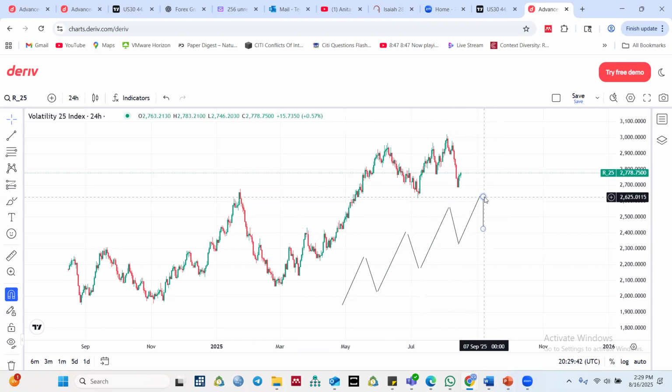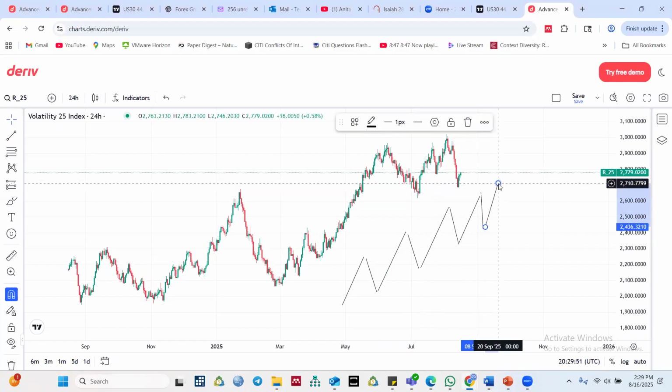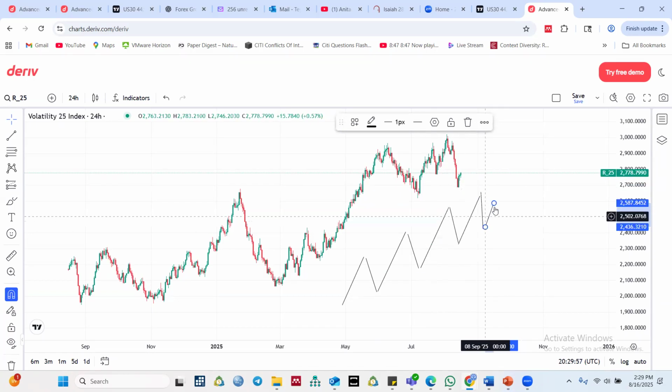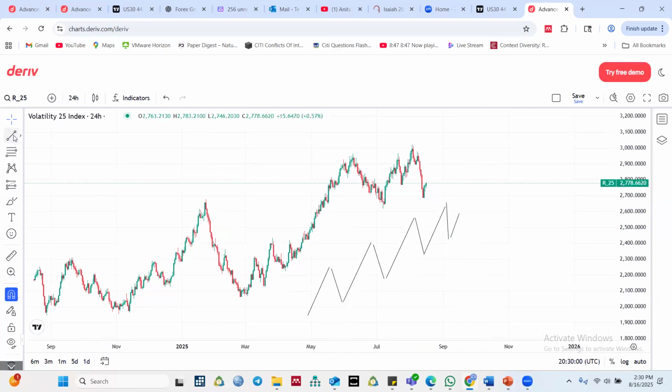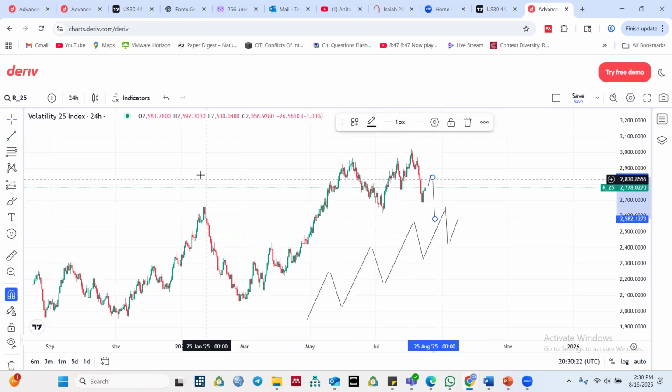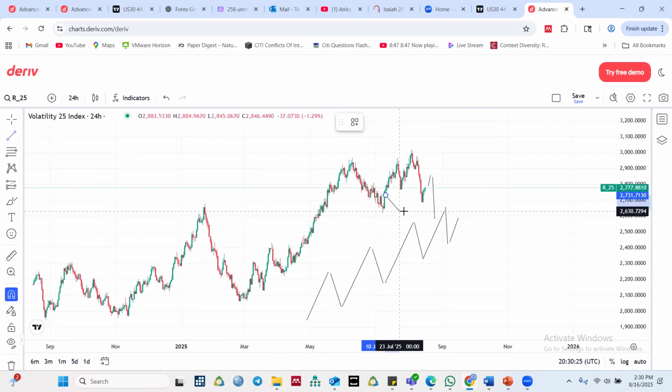Let's say this is a bullish market, so now that we expect price to give us a higher high, if price fails to give us a higher high and stops somewhere here, like we are seeing on Volatility 25 right now, if it gives us a lower high somewhere here, and it moves down to take the last structural low, which is this point.